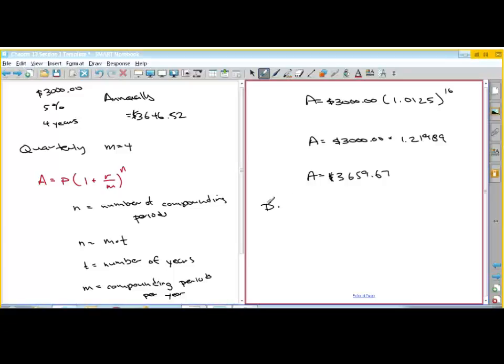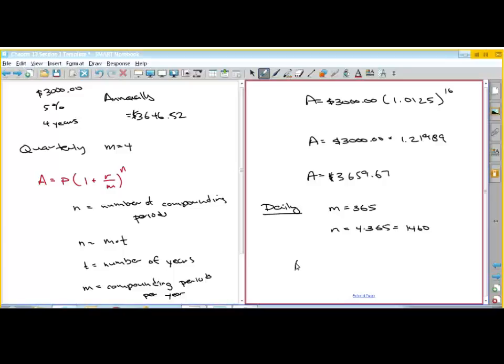So the final one is daily. So for daily, the difference is the number of compounding periods per year is 365 because there's 365 days per year. And N is 4, the number of years, times 365. So you get a big number to take the exponent. 4 times 365 is 1,460.